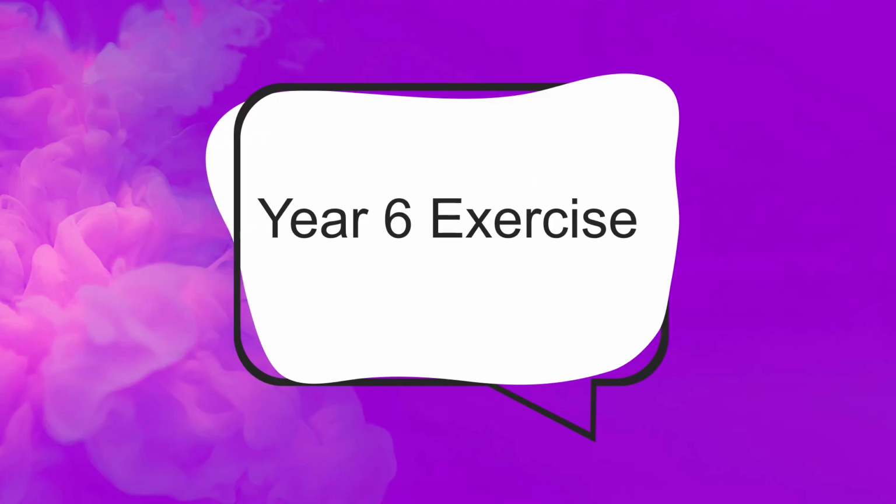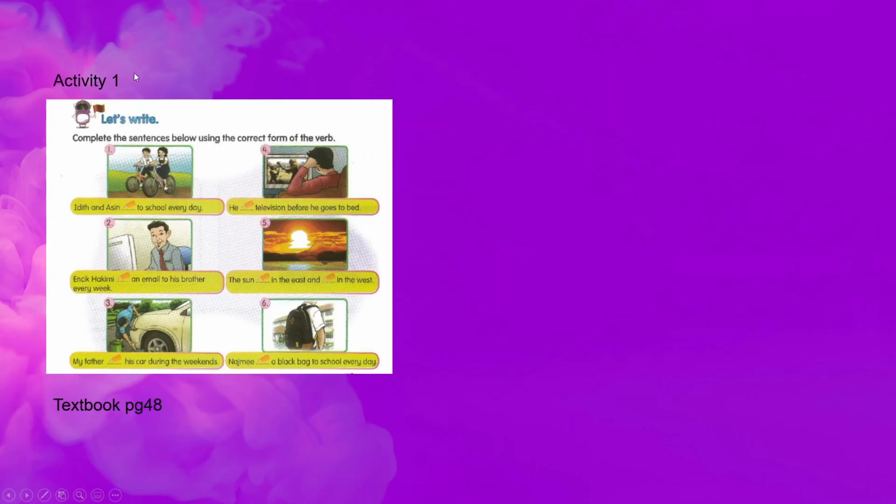Okay, for your exercise, you have to copy the exercise into your writing book. Okay, so this is your activity 1, textbook page 48. So you have to copy the sentence number 1 until number 6 and fill in the blank with the correct form of the verb.